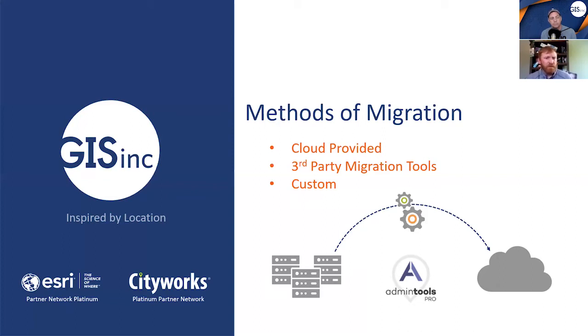Then we need to get the data over to AWS, or another cloud provider, in some fashion. Those could be tools from the cloud provider. For example, if you're going to be moving a bunch of imagery, you might use AWS Snowball.